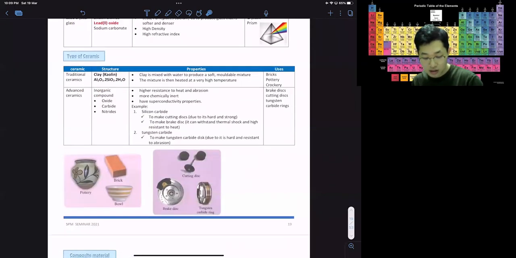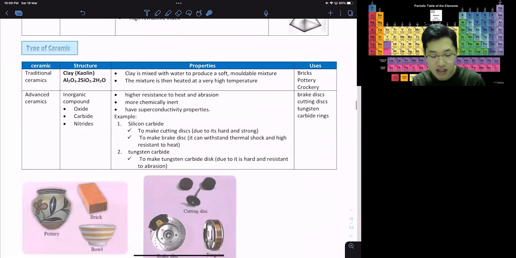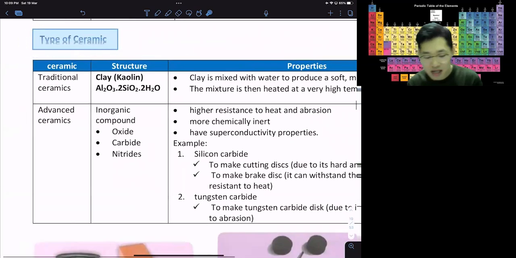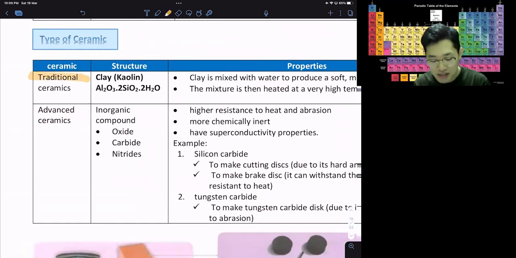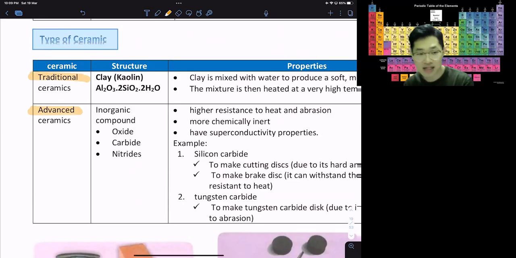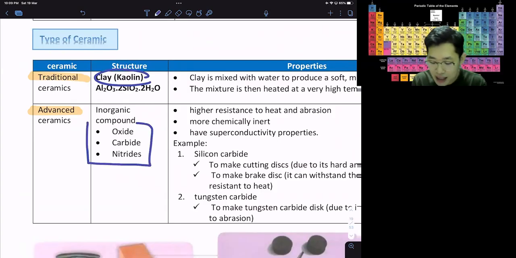Wait, sorry, ceramic haven't finished. Here, ceramic has two types, traditional ceramic and advanced ceramic. Advanced ceramic is clay, kaolin plus oxide, carbide, and nitride.